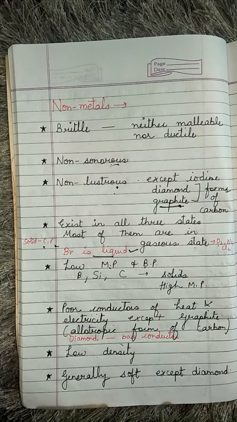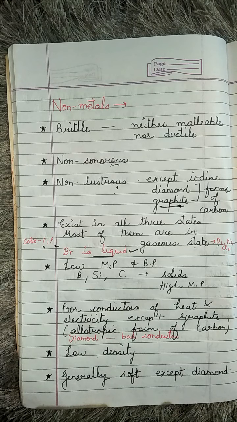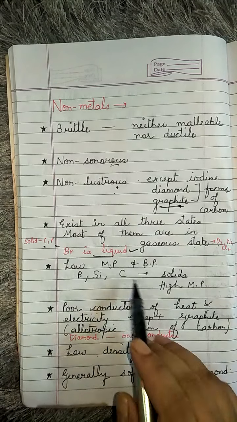It means the force between the particles, between the atoms present in that particular element, is strong. And if the force of attraction is strong, they exhibit a high melting point, meaning they need more temperature to melt. I hope you are getting this point.